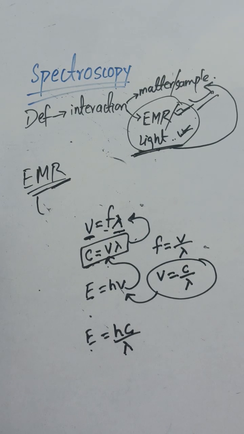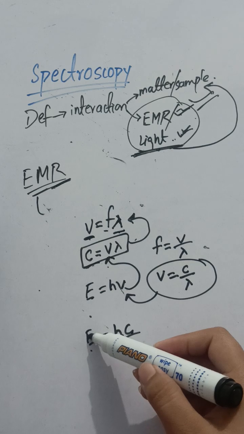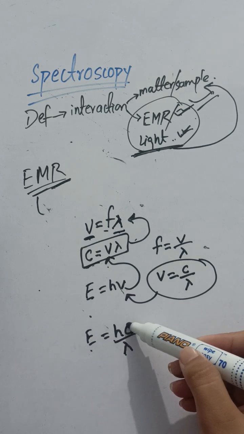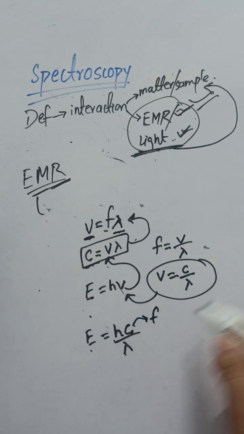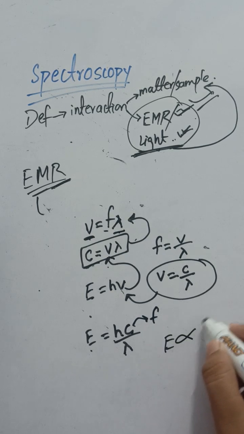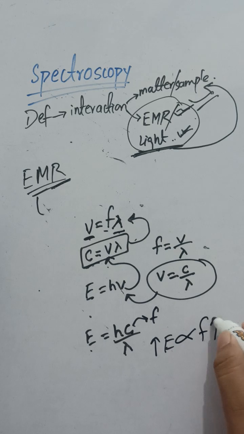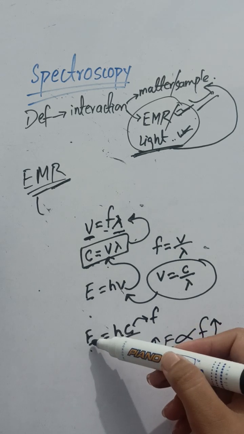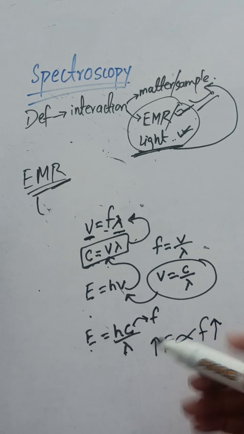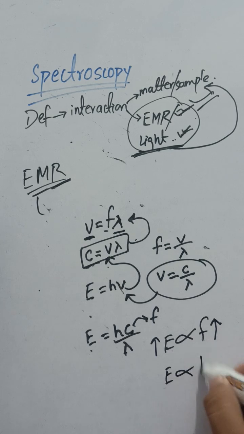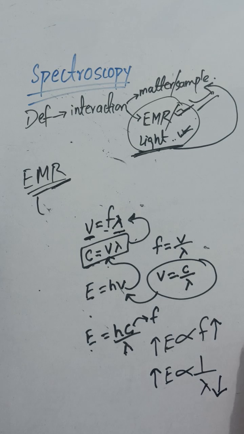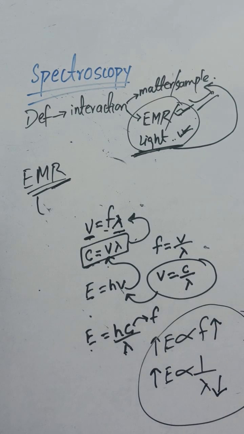Okay, now you have studied that the relation between E and ν, which is the frequency, is direct. So as the energy increases, your frequency will increase, but the relation between energy and the wavelength is inverse. So it means as your energy increases, your wavelength will decrease. This is the major concept that you have to make within your mind. Anyone can ask you in the viva or in the MCQ.